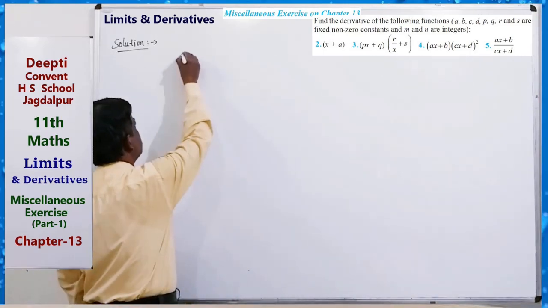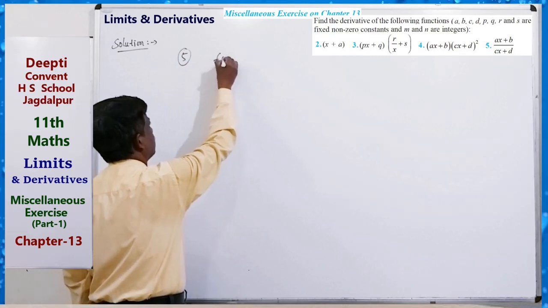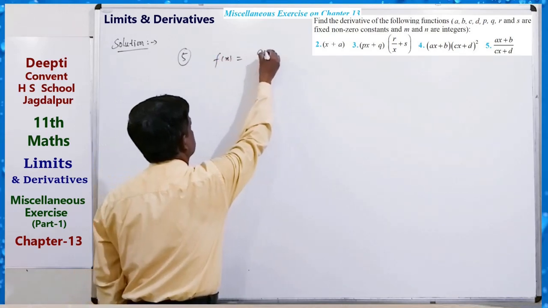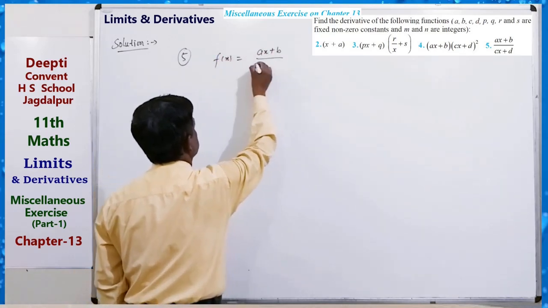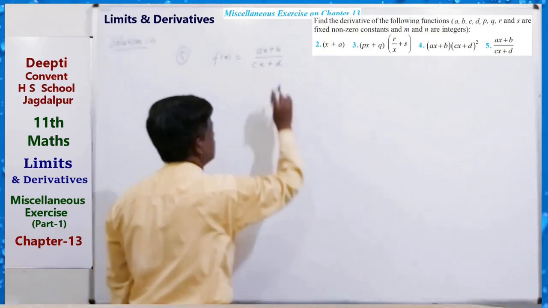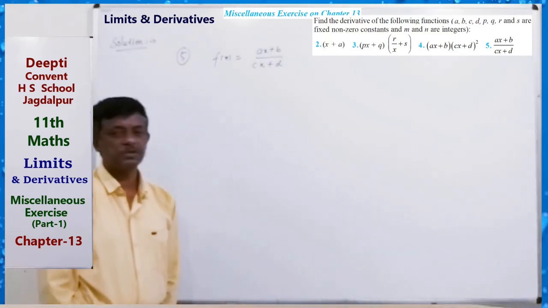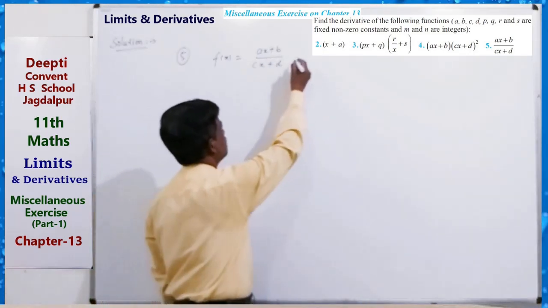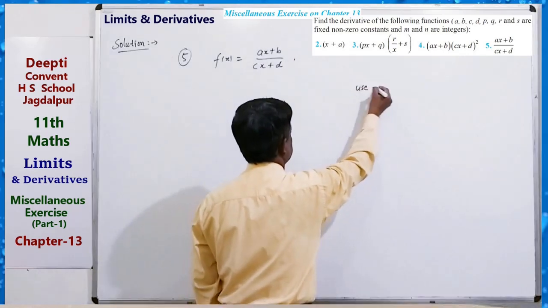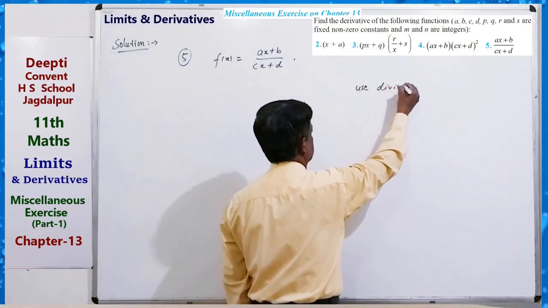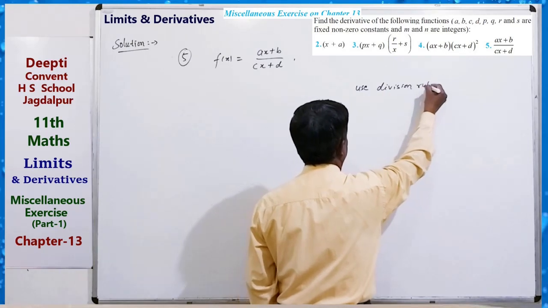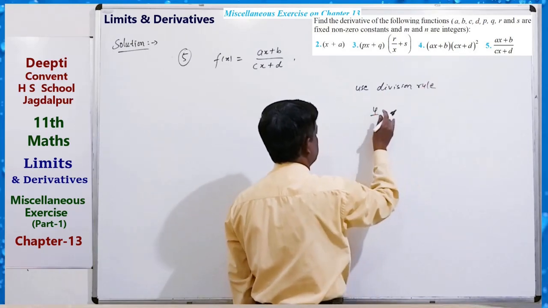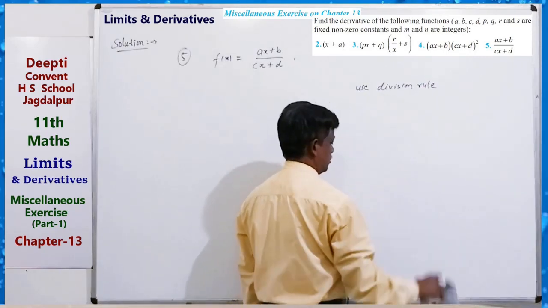Okay, here just see question 5, (ax + b) by (cx + d). This is very simple. Question 5, what? f(x) equals (ax + b) by (cx + d). So this is what? Division rule. Use division rule, u by v. So what is the division rule?